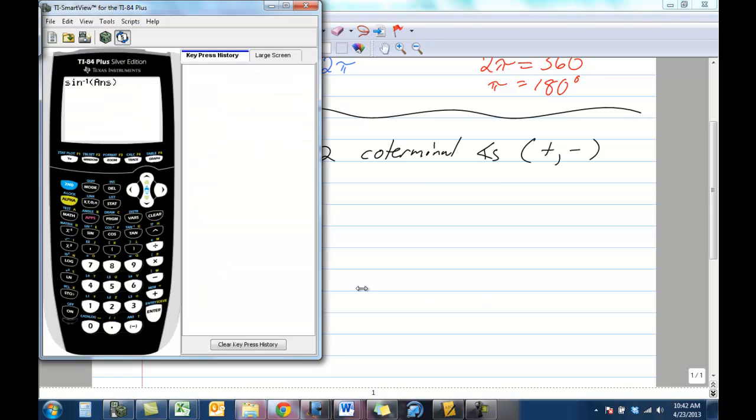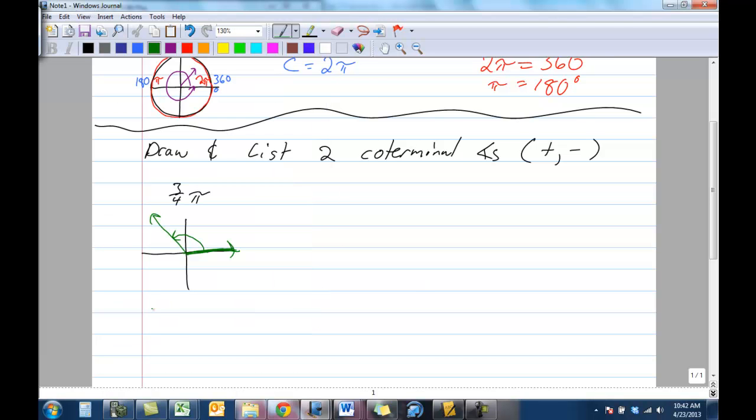So the only thing you've got to do is 3/4 plus 2, which, shame on me for using a calculator. 2 is 8/4, right? I just want to show you that even if you forget how to add fractions, you get 11/4. 11 pi fourths is another coterminal angle.